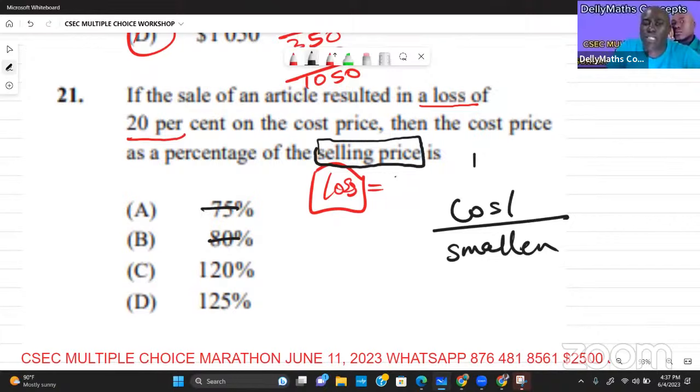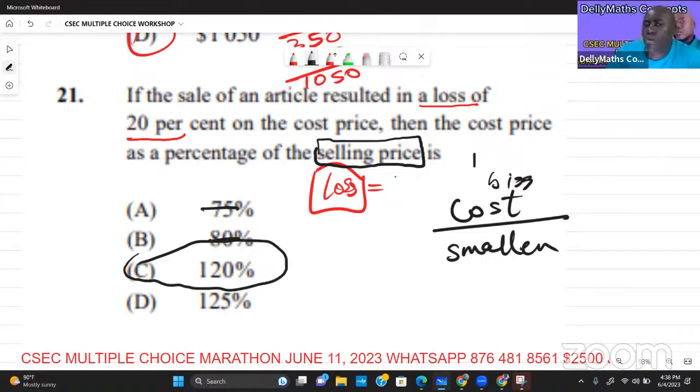So the cost price is on top. So when you think about this now, if they're asking you to represent it this way, then you're actually looking at something more. So you're talking about 120 over 100. So this is like 120%.